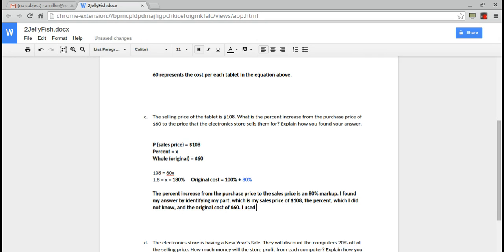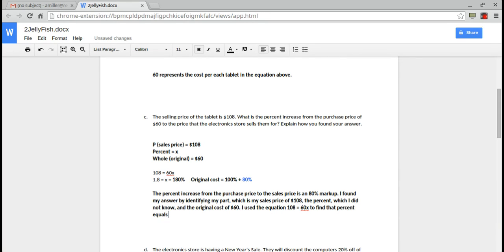I used the equation 108 equals 60x to find that percent equals 1.8. I know that the number 1.8 represents 180%.